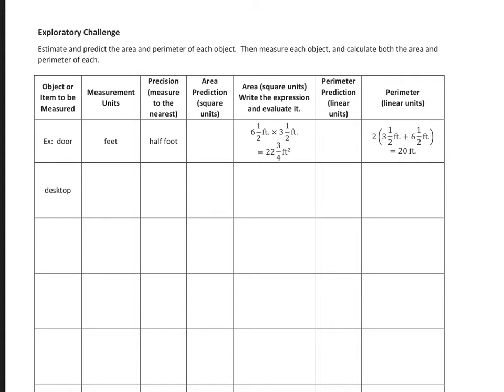And then get a tape measure or a ruler, yardstick, whatever you have in the house to measure things with, and write down what the object is, give the measurement if you're using feet or inches, centimeters, meters, whatever, and then try and be as precise as you can to the nearest half, it looks like. Or maybe, if it's a ruler, you can probably do quarters pretty easily. And then make an area prediction, like what would you think the area is, and then you actually solve it, and then you also find the perimeter. So go ahead and try and do that.